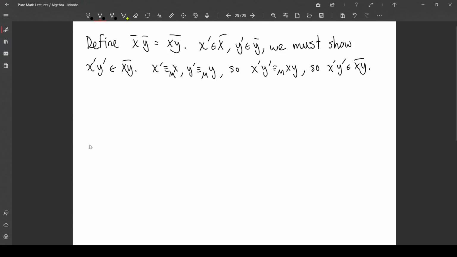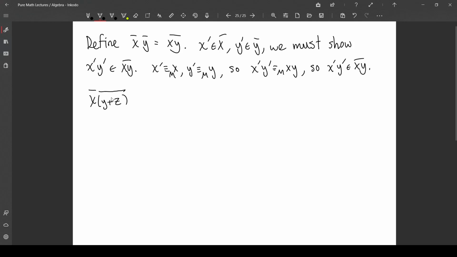So now we have a multiplication on R bar, and we have to show that it satisfies the distributive law, and then that it has an identity. So for the distributive law, consider the coset given here.